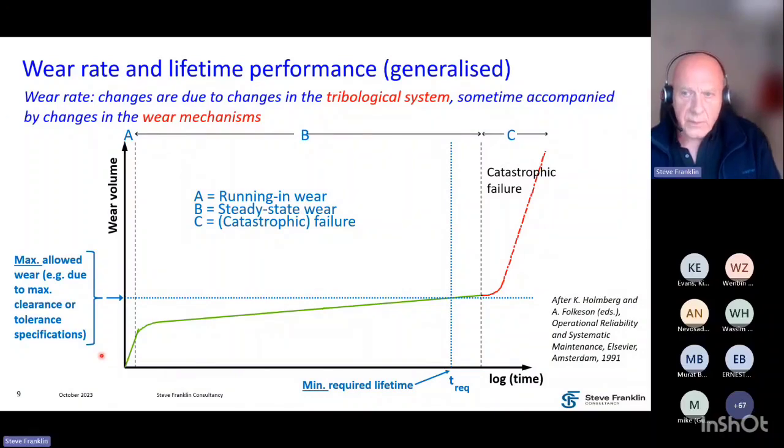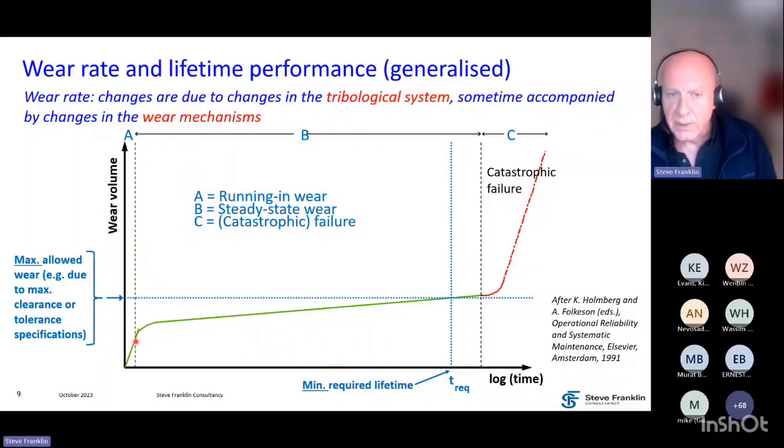And we can see we have three distinct parts to this wear rate. So first of all, we have a relatively high wear rate, which represents what we call running in wear.